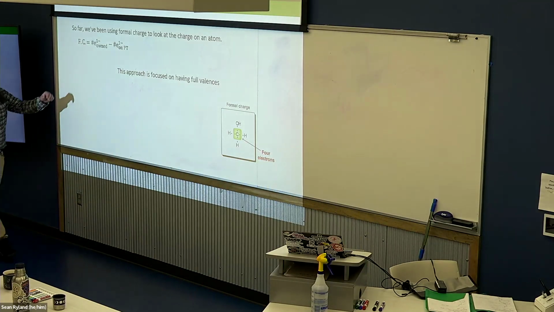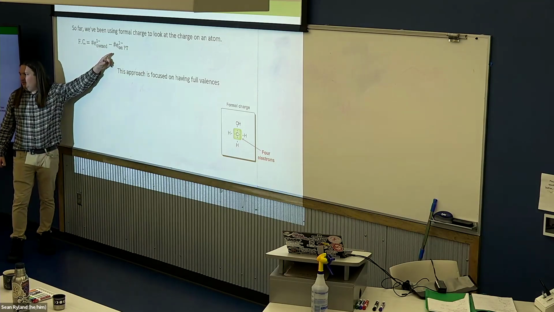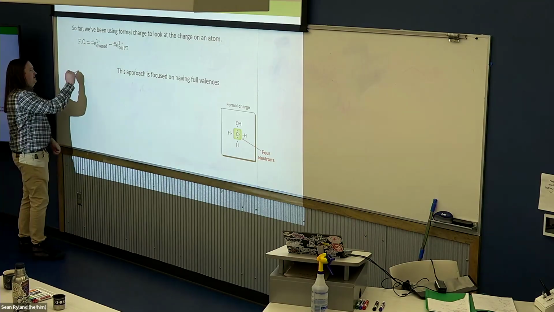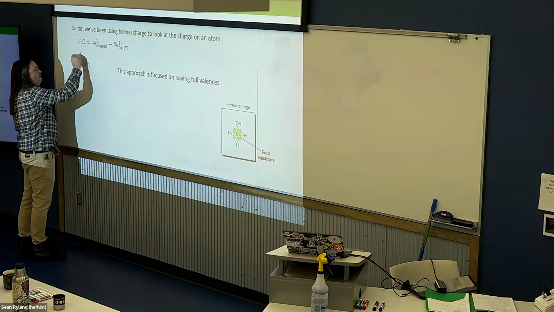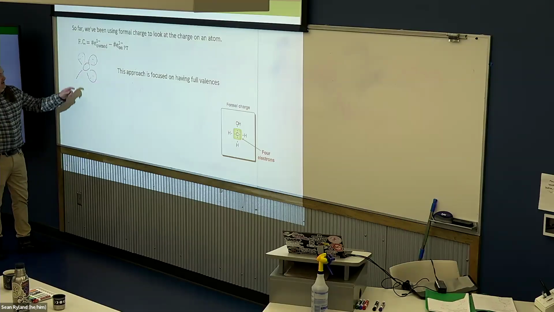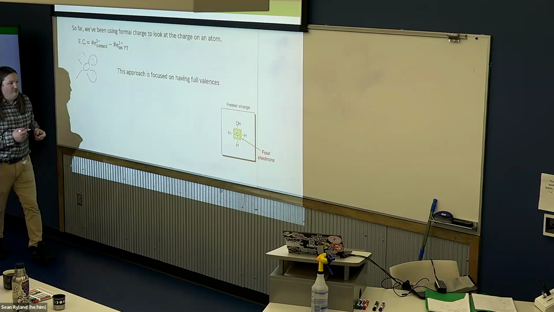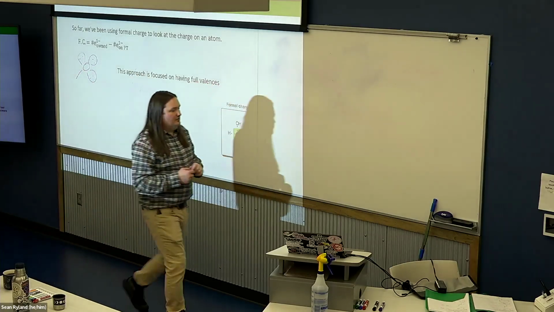We look at how many electrons are owned, minus how many electrons the periodic table has. So if we have an oxygen like that, we know it's going to have a -1 charge because it owns 7 electrons here and it only has 6 on the periodic table. That's the way we've been talking about charge.